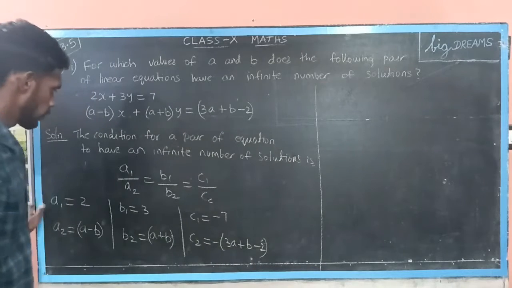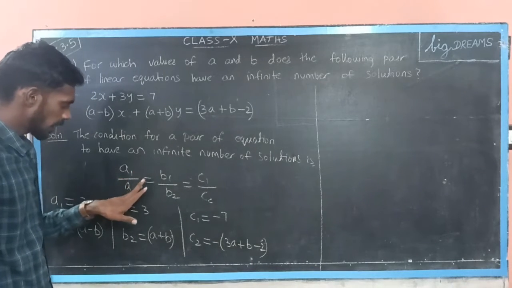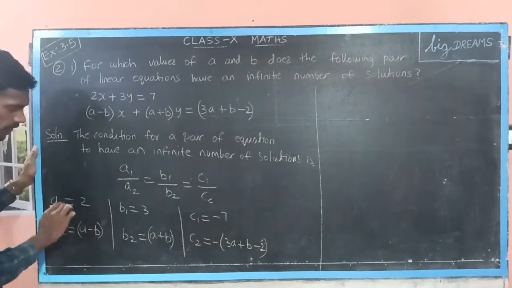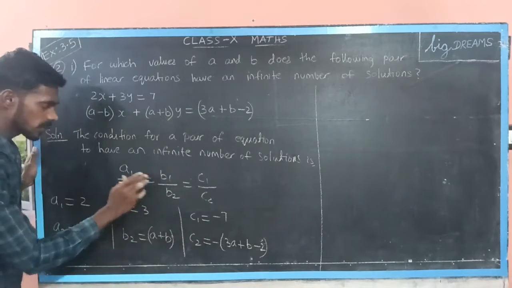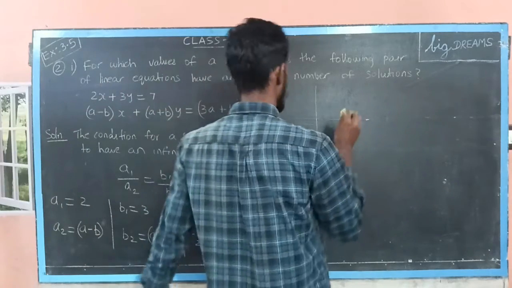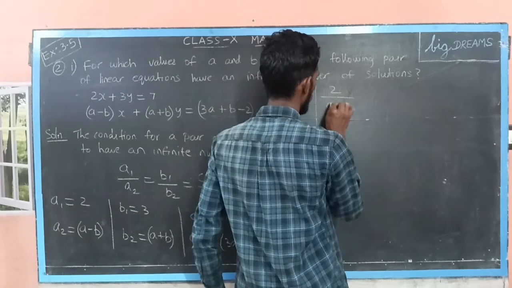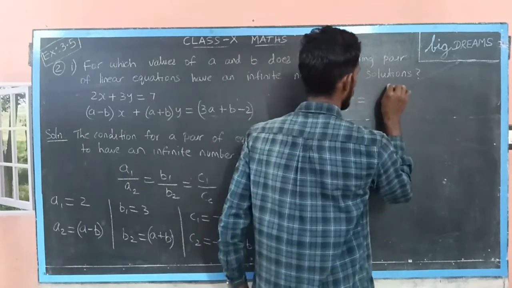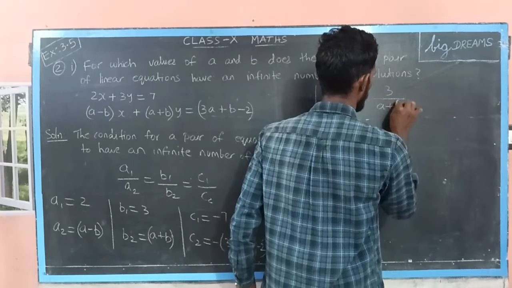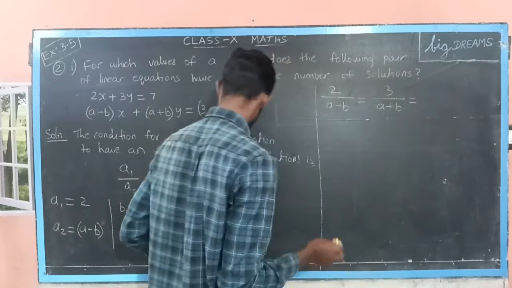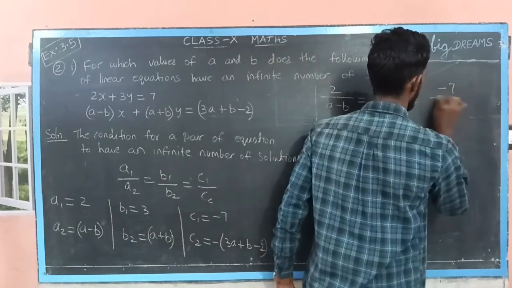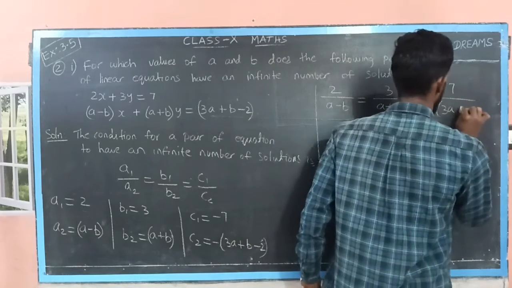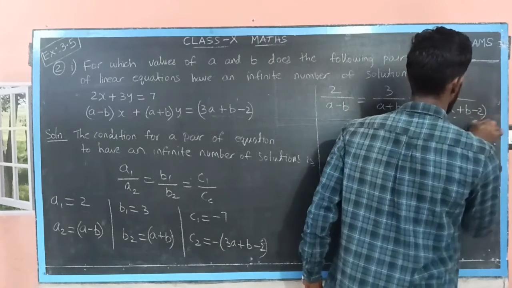Now the condition is a1 by a2 is equal to b1 by b2 is equal to c1 by c2. First substitute these values in this condition. So it is 2 by (a minus b) is equal to 3 by (a plus b) is equal to minus 7 by minus of (3a plus b minus 2).